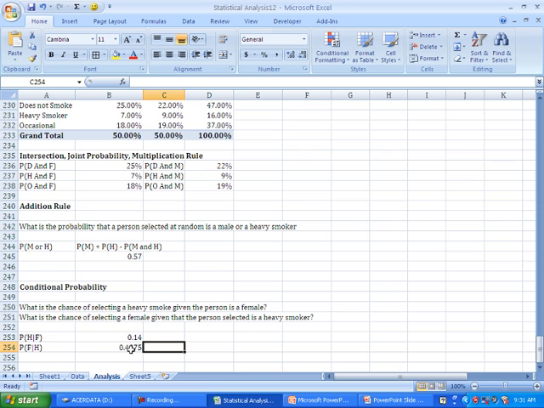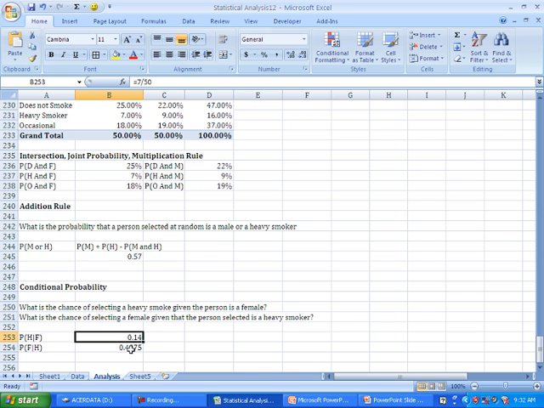So the other way of writing this statement is 43.75% of the heavy smokers are females. Because the group is already given. Or how do I write the other statement? 14% of the females are heavy smokers. This is how we can typically use knowledge to translate it into some meaningful statements.